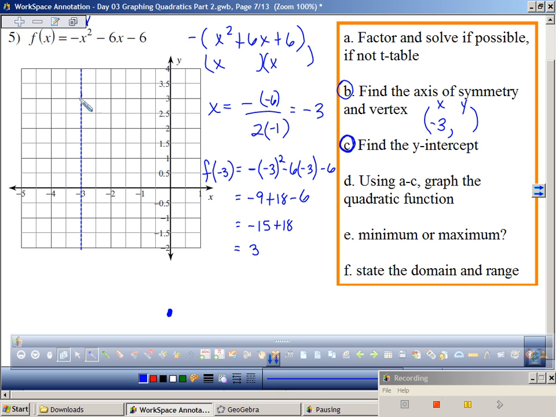Why can't it be 3? Because it would have roots. It can't have roots. If it had roots, it would be factorable.